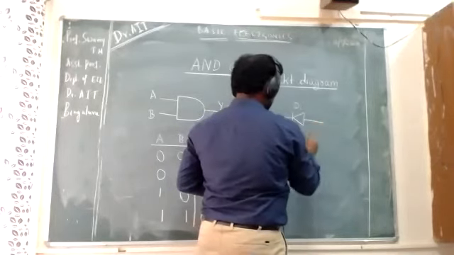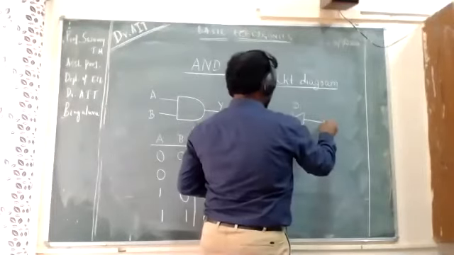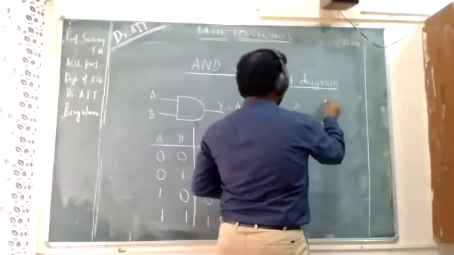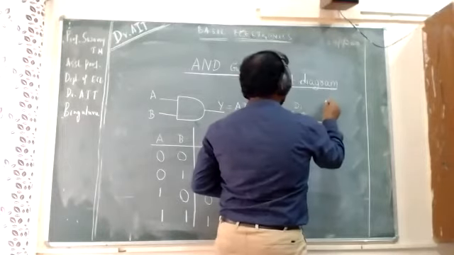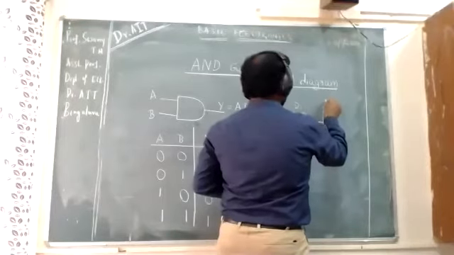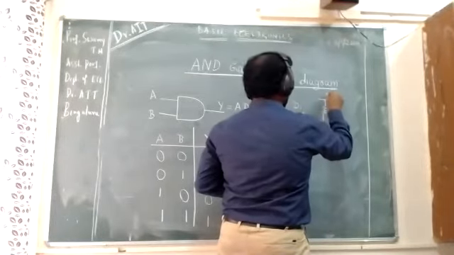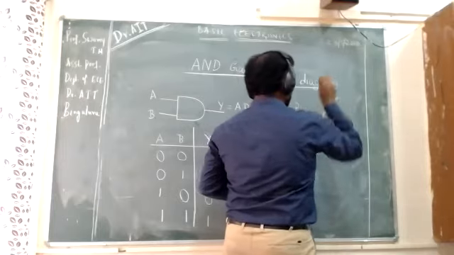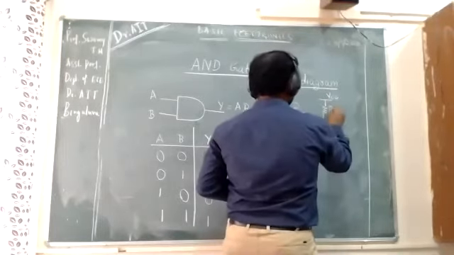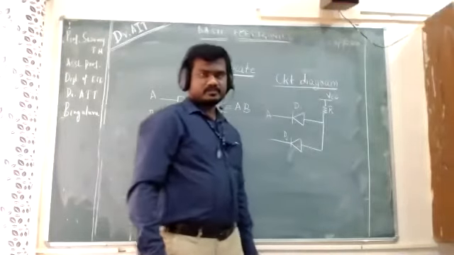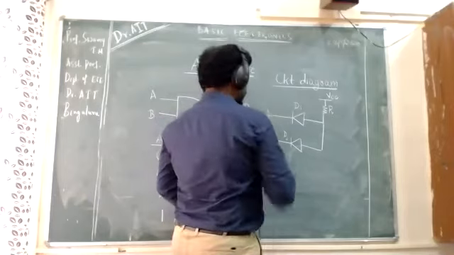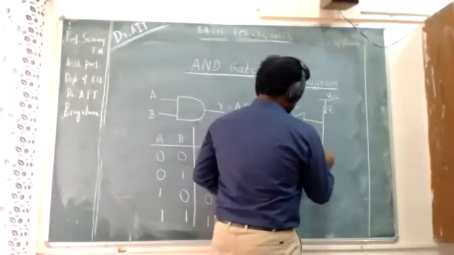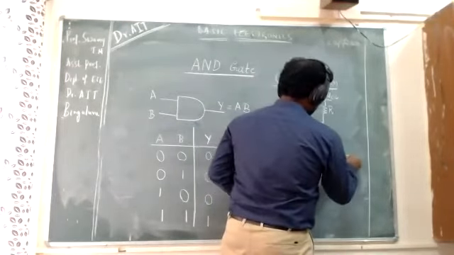Both are connected like this, through a resistance, which is a current limiting resistance, or sometimes you can consider it as a load. Through the resistance R, you have the supply VCC. Now this is input B, and we are considering the output Y.